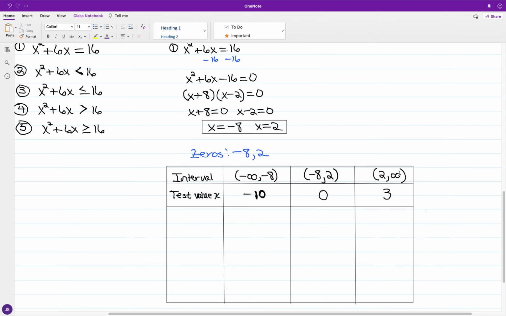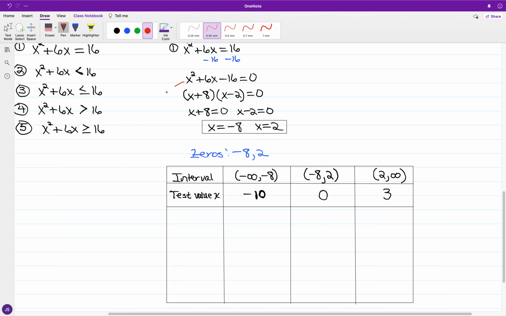All right, now in terms of what we're going to use these values to test out, notice whenever I rewrote this equation as a quadratic in standard form, that which is set equal to 0 is going to be our f of x. So you have f of x is equal to x squared plus 6x minus 16.